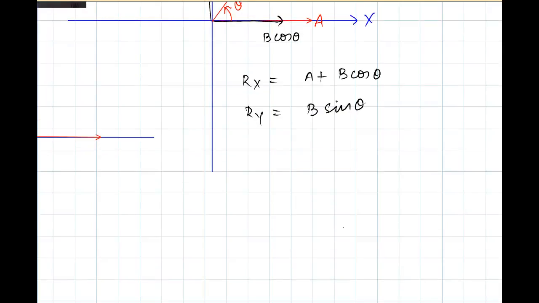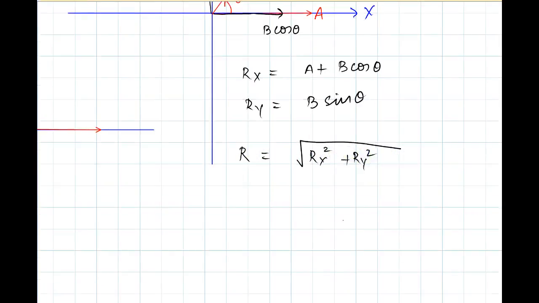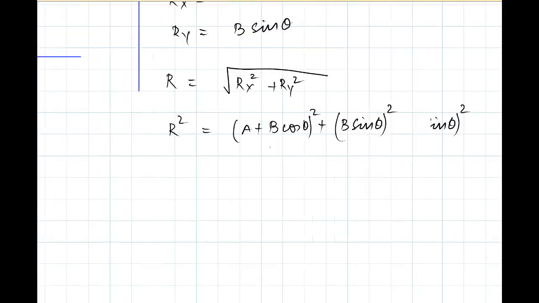And how do I find out the magnitude of the resultant? The resultant will be the square root of Rx square plus Ry square, or you can just say R square is equal to (A plus B cos theta) whole square plus (B sin theta) whole square. Now let's try to find out the values of this.